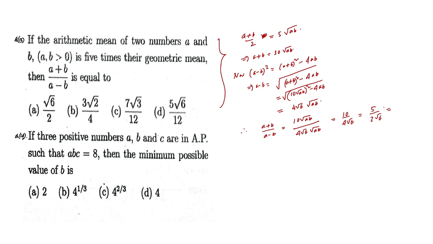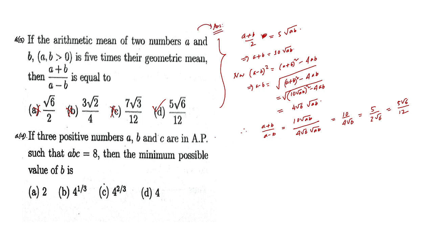You can multiply root 6 in the numerator and the denominator, so that will be 5 root 6 by 12. So option D is correct. All other options are false. So the answer is done.